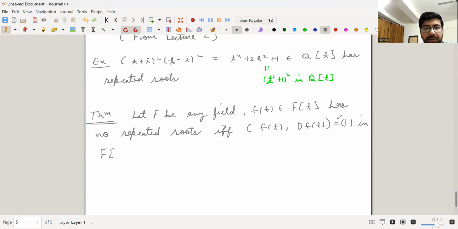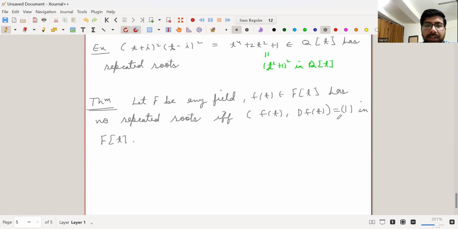So we need not go to an extension just to say whether it has repeated roots or not.